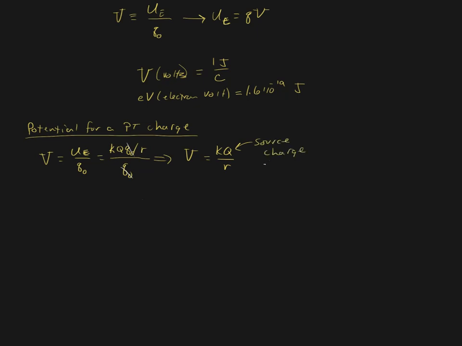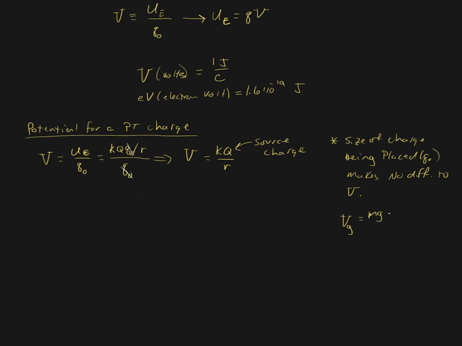Now when it comes to electric potential, it's helpful to remember that the size of the charge being placed, that is the test charge, makes no difference. It's similar to gravitational potential, where gravitational potential we would say V sub g would be defined by gravitational potential energy divided by mass.